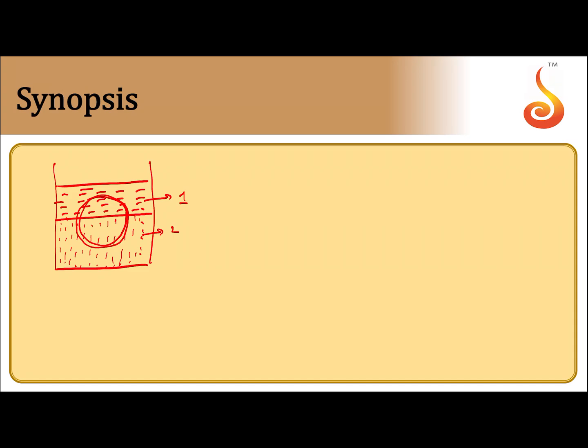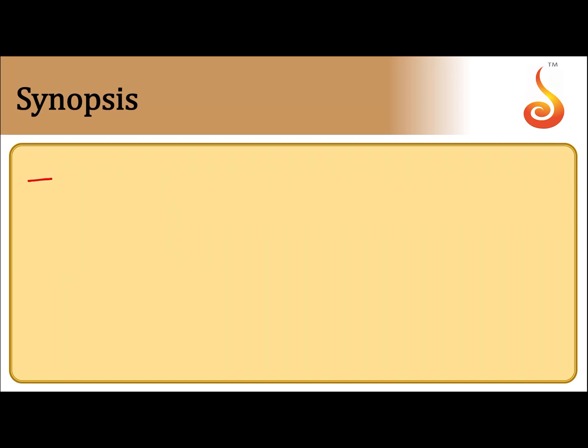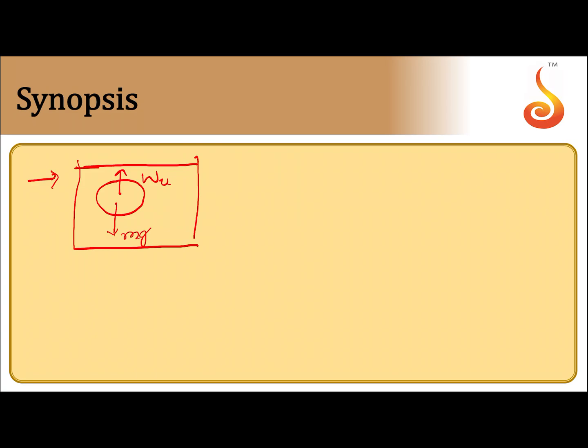Suppose we consider a couple of applications. Let's assume that there is a container and we have forcefully submerged an object. That means I am holding this object. What are all the forces exerted? Its weight, I will call it mg, and the upthrust which is in the upward direction, I will call it Wu. So these are the two forces apart from the force holding the object.